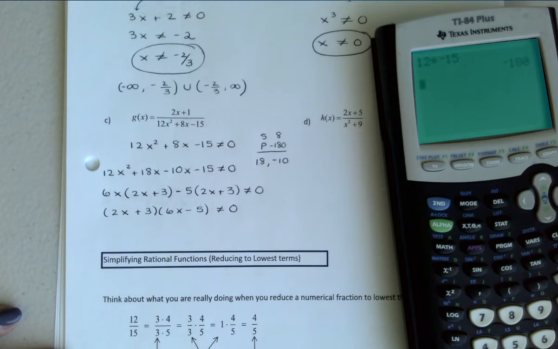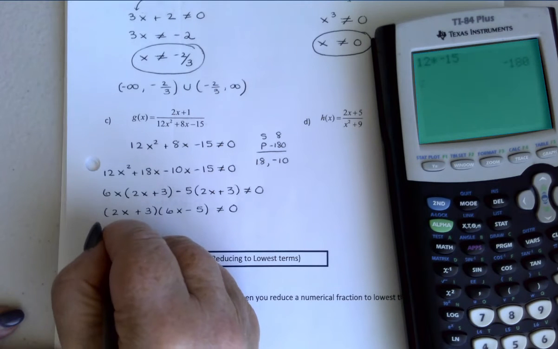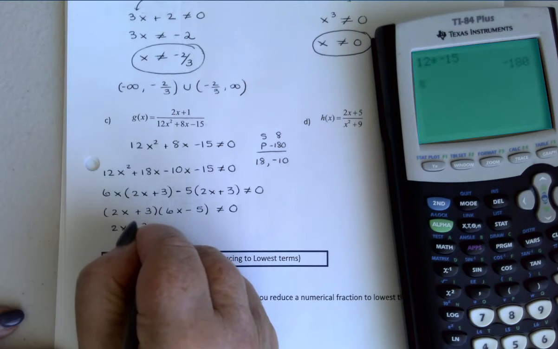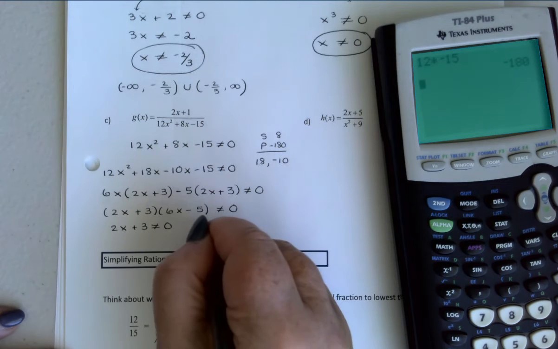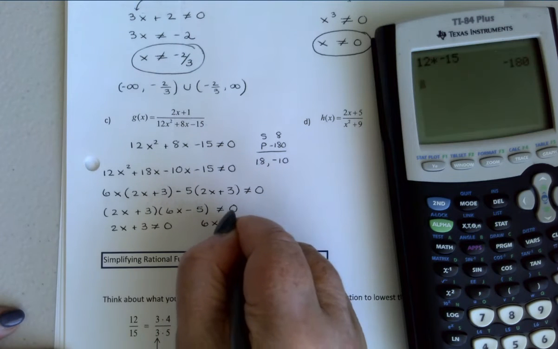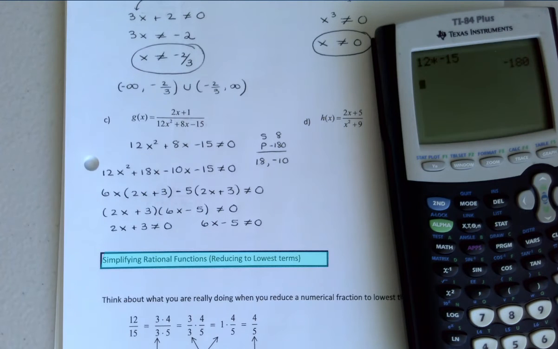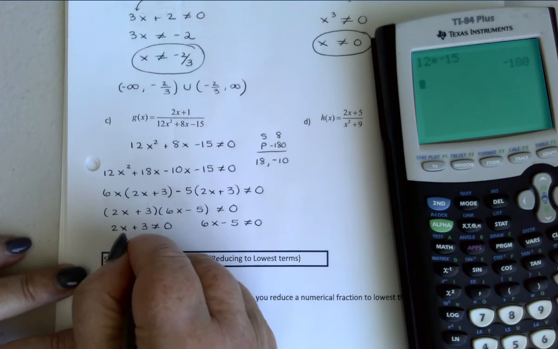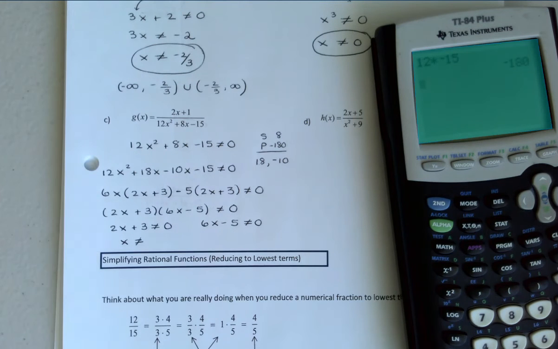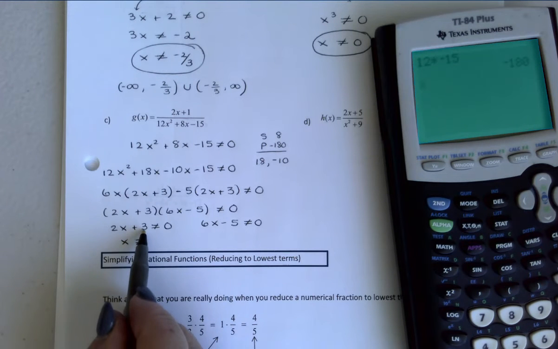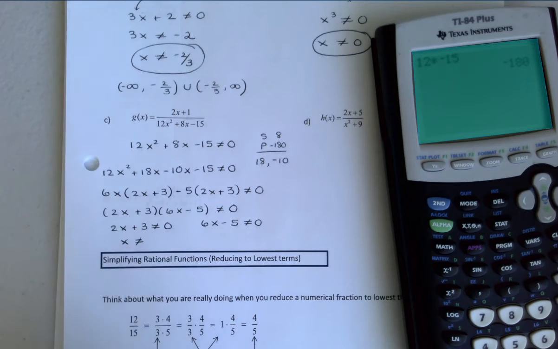That cannot be equal to 0, meaning 2x plus 3 is not equal to 0, and 6x minus 5 is not equal to 0. I'll do a little step in my head here because I'm running out of space. X can't be negative 3 divided by 2.